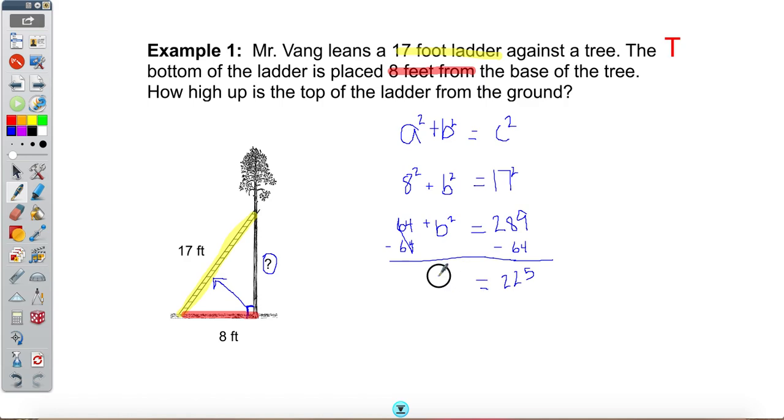That leaves us with 225. And then to get b by itself, we have to get rid of the exponent, so we take the square root.